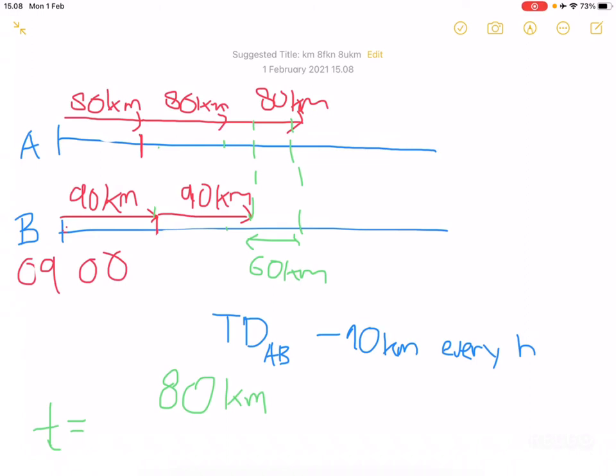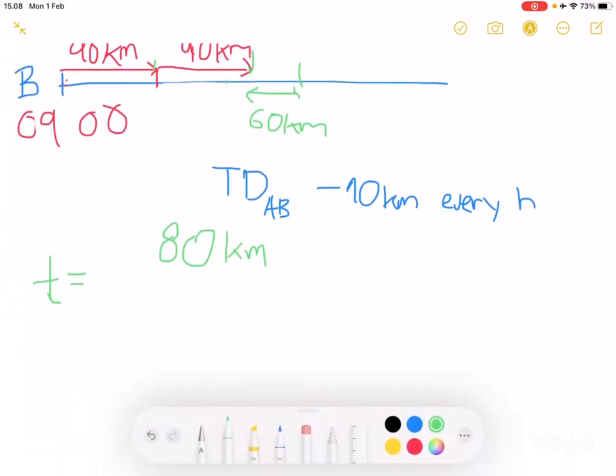So we're good to go with this. So next we have our decrease in distance, which is 10 kilometers, and I would add per hour right here, and this will be equal to an answer of 8 hours.